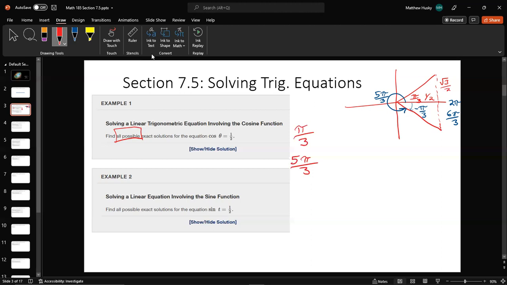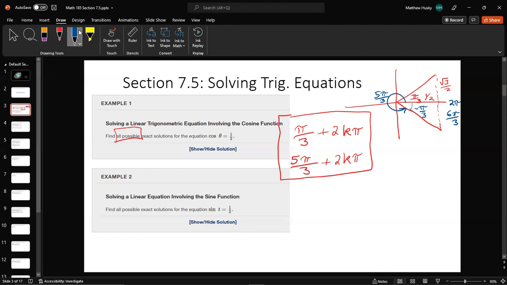One complete spin is 2 pi. So the way that you often see that written is they will say plus 2k pi. And then you would do the same for 5 pi/3, plus 2k pi. Those are going to be the two solutions here.